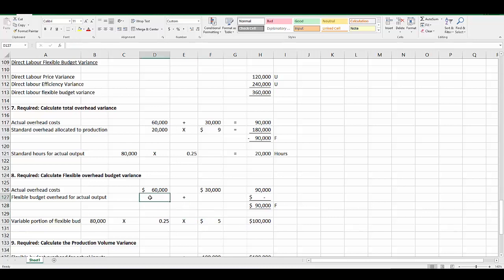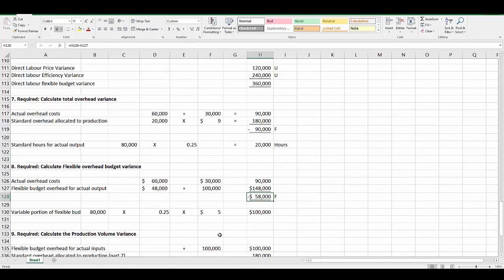Our fixed was 48,000, and the variable is 100,000. So we have 148,000. So of our 90,000, 58,000 relates to the flexible part of our overhead budget variance.